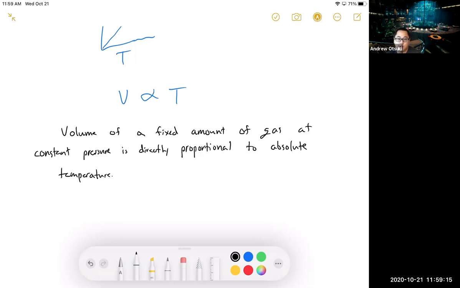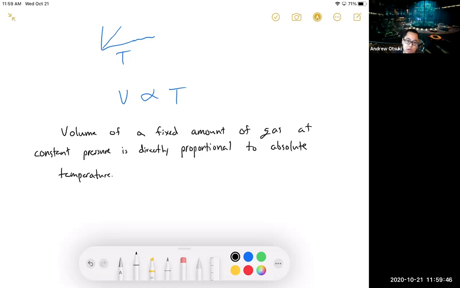So we could take this proportionality and rearrange it. We could convert this to an equation.